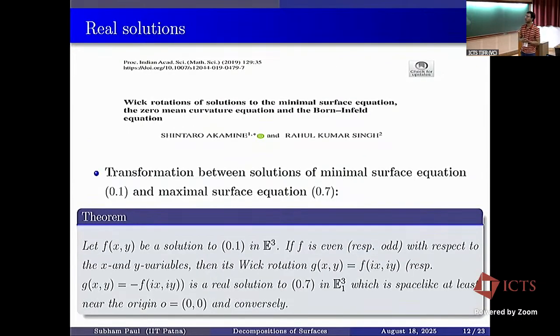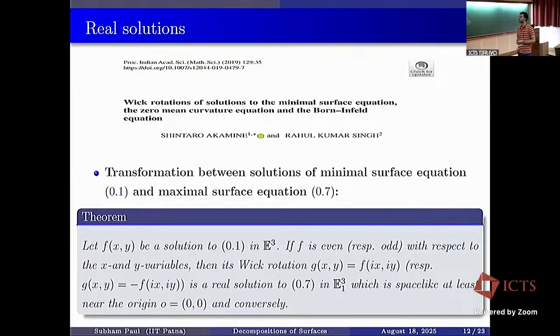Now to deal with this problem, there was this paper by Shintaro Akamine and Rahul Singh that gives conditions: under certain symmetry conditions satisfied by the function f, after Wick rotation, the real solutions are retained.